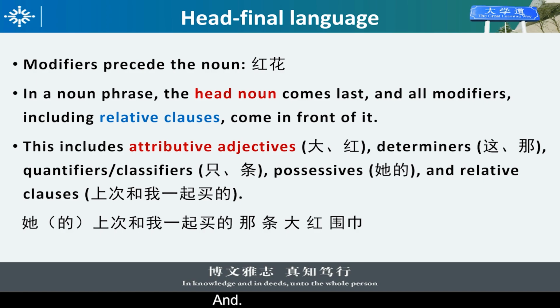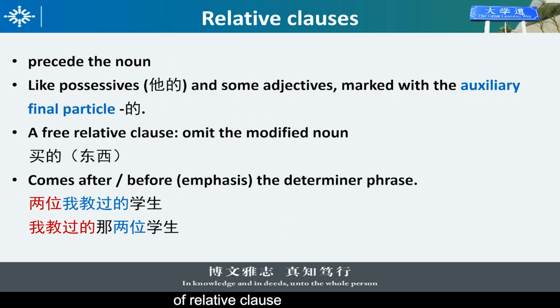As for relative clauses, they must precede a noun, which is different from English. Like possessives and some adjectives, they are marked with the final particle de. De is very useful.